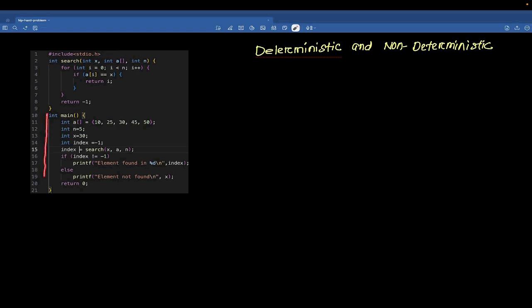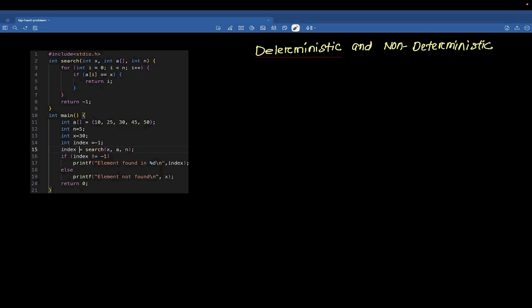And this is the driver code for the search function. We are calling this function search with the value of x and the value of a. These are the values of a, and x is given as 30. So 30 will be searched in the array. If it is found, then it will return the position, otherwise it will return -1.